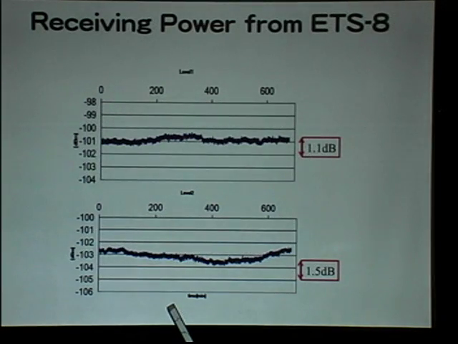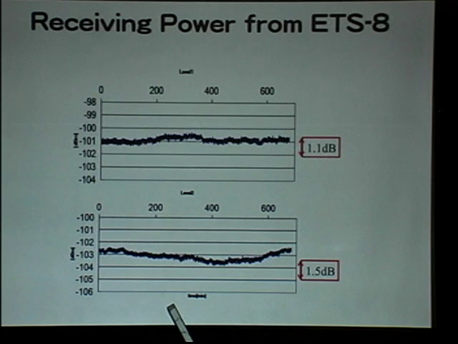This is the data of the receiving power from ETS-8. The horizontal axis is time, and this is the receiving power. The variation is very small, only 1.1 dB.